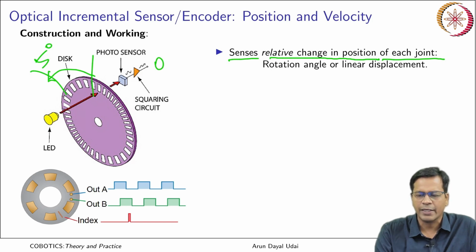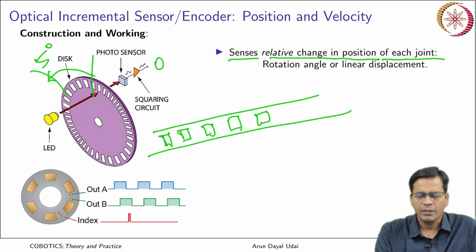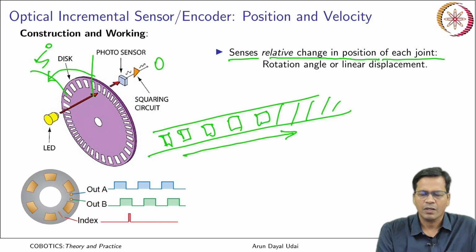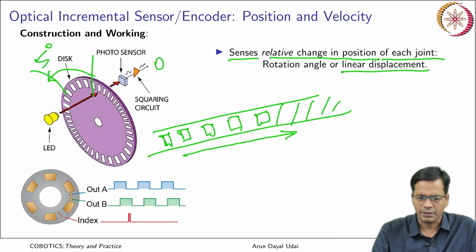So rotational angle, sometimes these slots can be made even on a strip with a small slot which can be there like this, and it can even measure the linear displacement of this strip. Okay, that way it can be used to measure the linear displacement also. You should know how many windows you have in a particular distance.